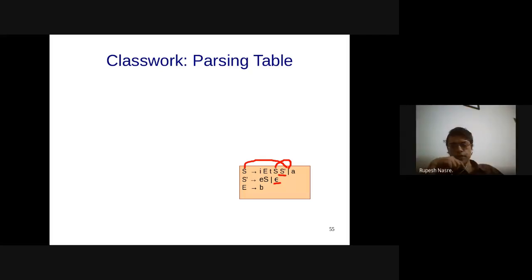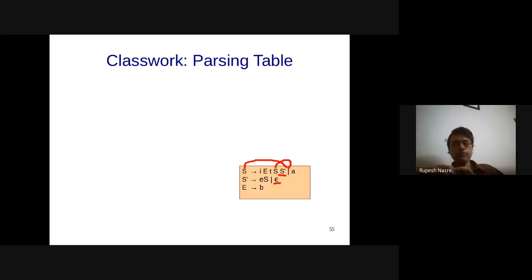I'm not sure if you found the argument convincing. So, whatever we have done so far was probably specific to a particular example, from which we cannot make general conclusions unless it is actually correct. So, let's look at it from the perspective of only the meaning of follow. Follow of S prime should contain all the terminals which are there in any of the derivations which are possible according to this grammar, right?